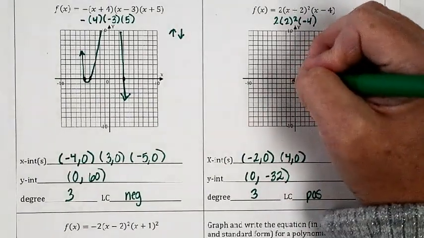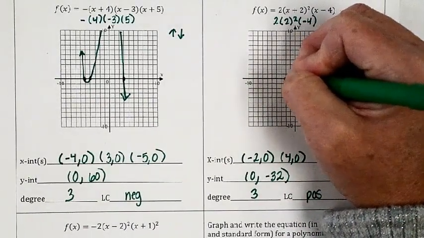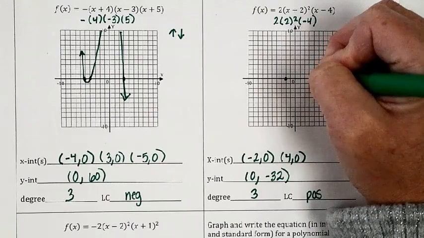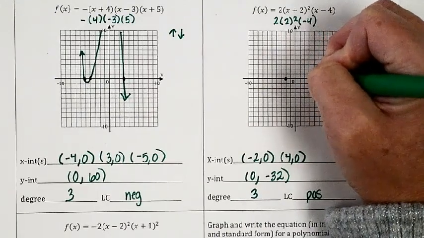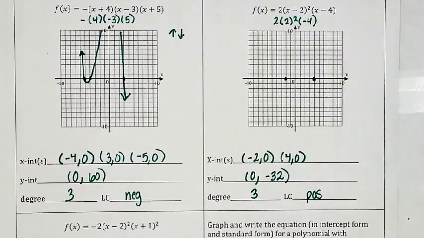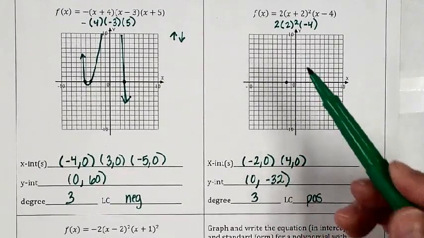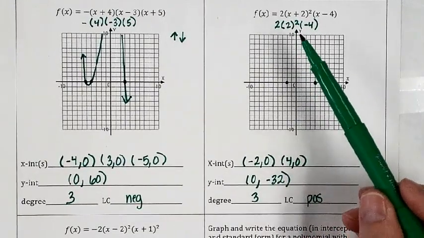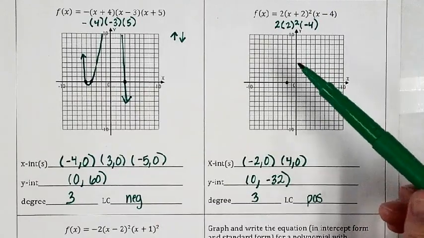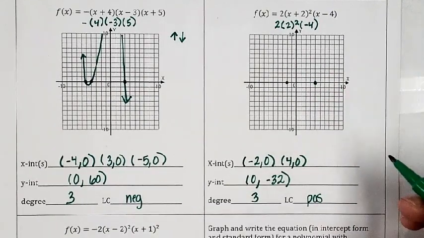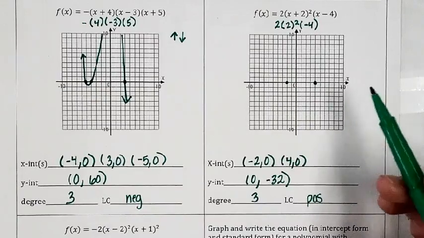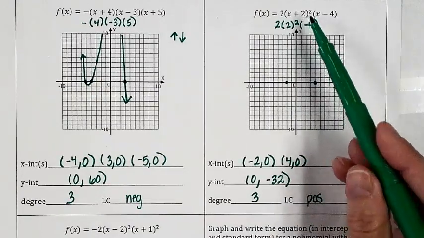Alright, so I'm going to plot these x-intercepts. Now I need to figure out what's going on in each of these. So at negative 2, 0, when x is negative 2, is this going to be a cross, bounce, or wiggle? Bounce, because your exponent is even.